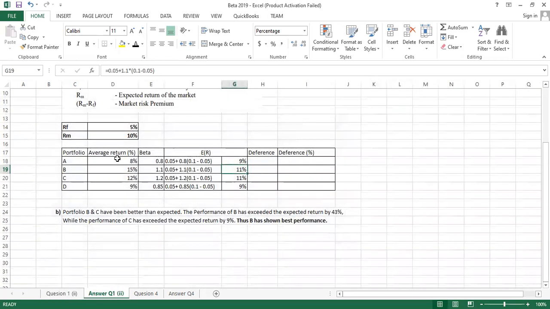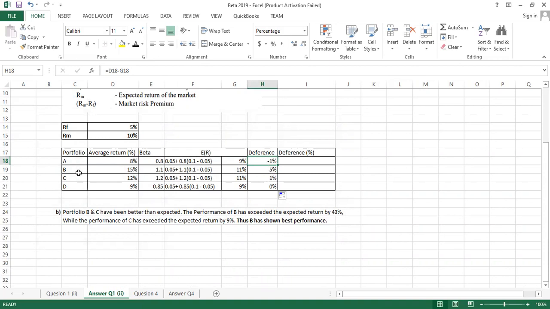Then we compare the actual return and expected return: average return 8% minus expected return 9%, so the difference is minus 1%. Likewise, we calculate all the differences. Portfolio A difference is -1%, B is 5%, C is 1%, and D is 0%.